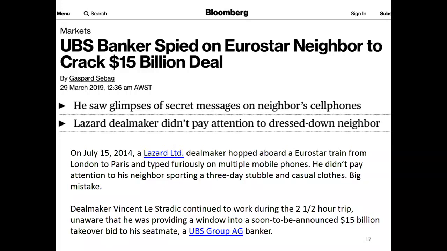He saw glimpses of secret messages on his neighbour's cell phone. The Lazard dealmaker didn't pay any attention to the dressed-down neighbour, and word of the deal got leaked out. So the point being, markets are hyper-competitive. But by the time it gets to you in the form of an annual report, that information has been digested and probably already incorporated into share price.